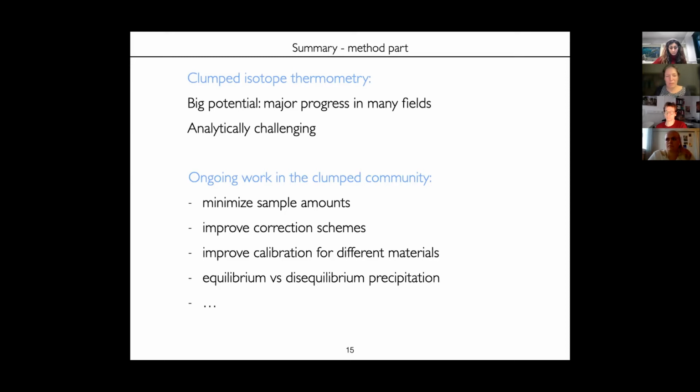I would say we have made big steps in that direction, but we're still continuing to work on that. We're still trying to find out if some materials need different calibrations. There's not many, but there's a few types of materials where this seems to be the case. And then especially relevant for speleothems is this equilibrium versus disequilibrium effects.